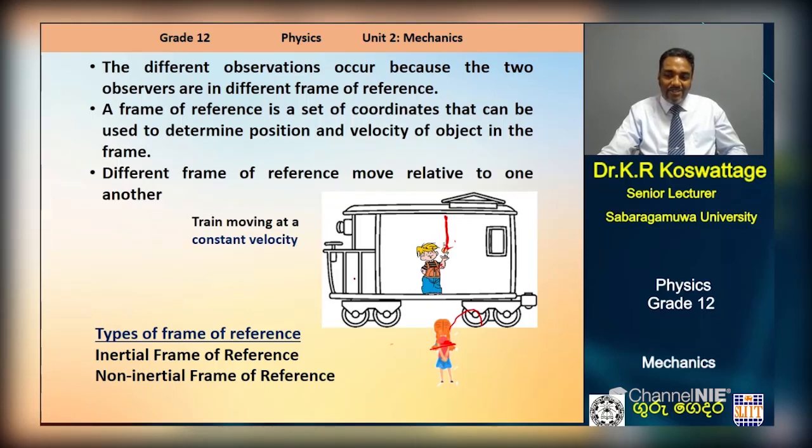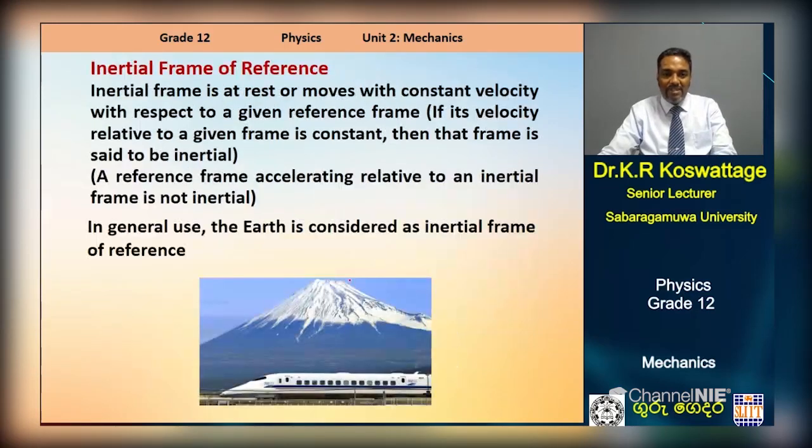There are two types of frames of reference available. One is the inertial frame of reference, the other is the non-inertial frame of reference. The inertial frame of reference is really important for us. An inertial frame is at rest or moves with a constant velocity with respect to a given reference frame.